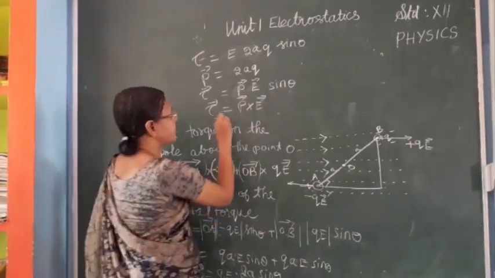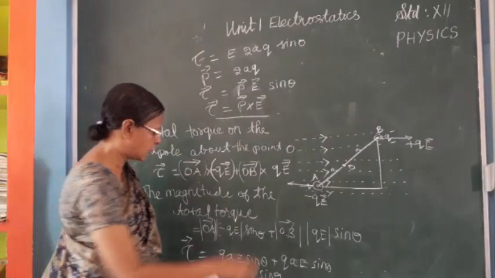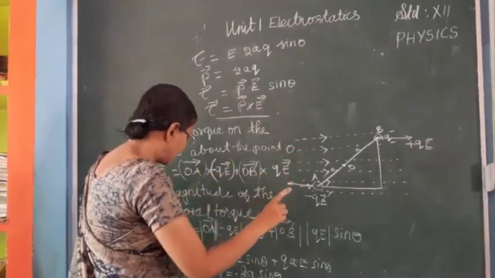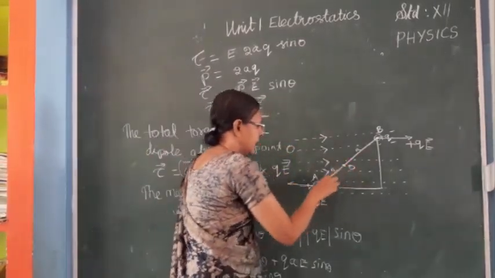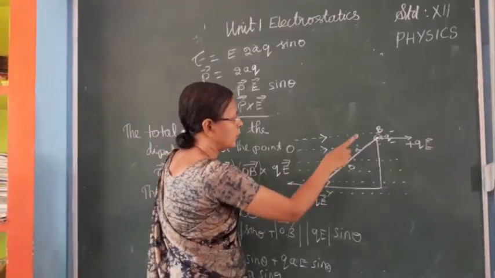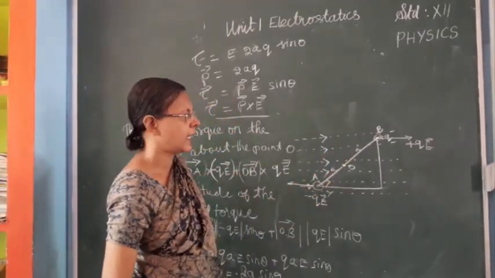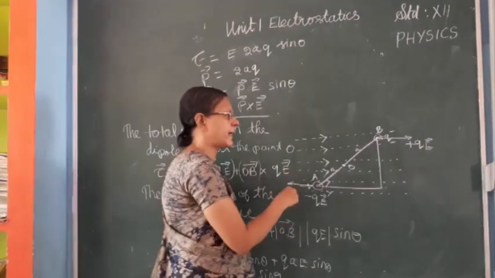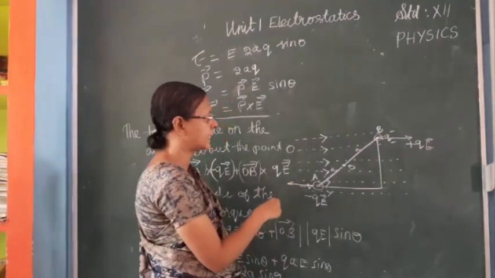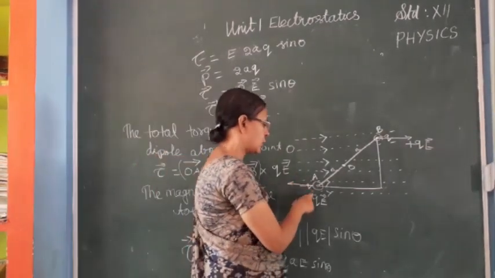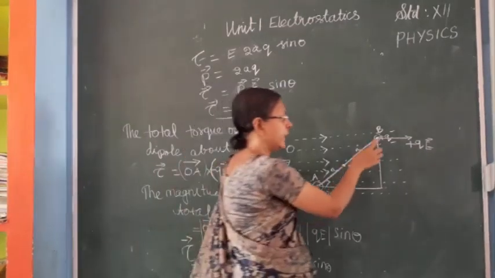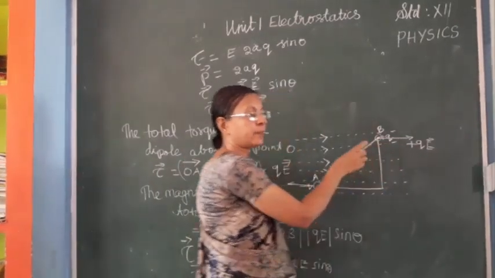Okay, once more. Consider the torque experienced by an electric dipole in an electric field. Plus Q and minus Q, two equal charges separated by a small distance, constitute an electric dipole. The minus Q experiences force minus QE, and the plus Q experiences force plus QE.